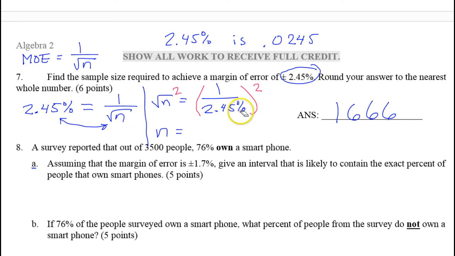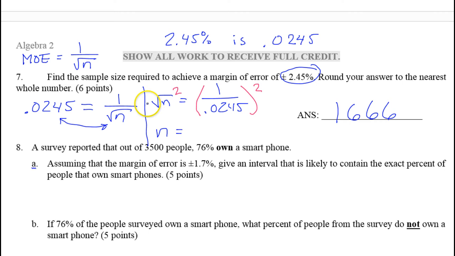Now, if you didn't like having the percent symbol in there, that's okay. Remember, 2.45% is the same thing as 0.0245. So you could put 0.0245 instead. Now I don't have the percent, and that means over here I would have 0.0245 again. If you put that in your calculator, you're going to get the same thing.